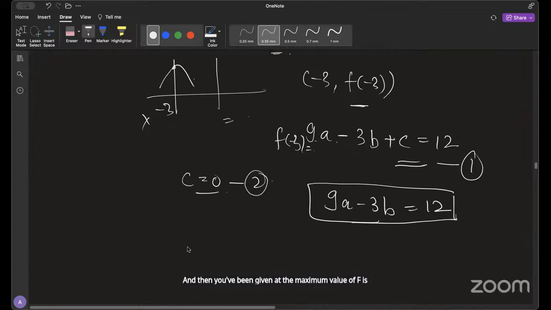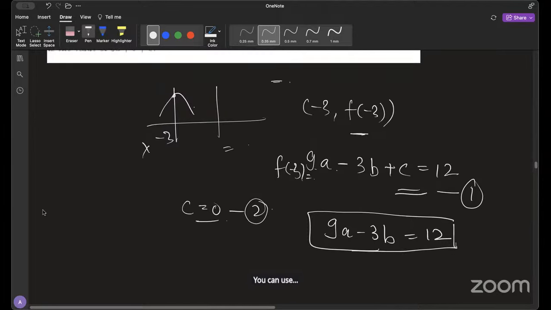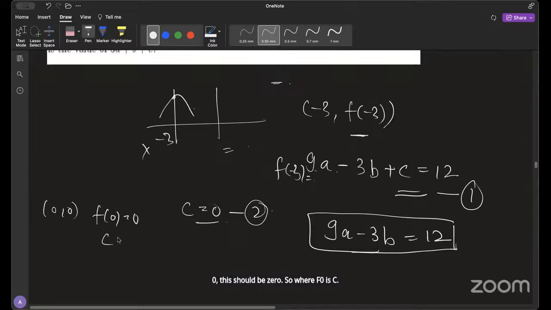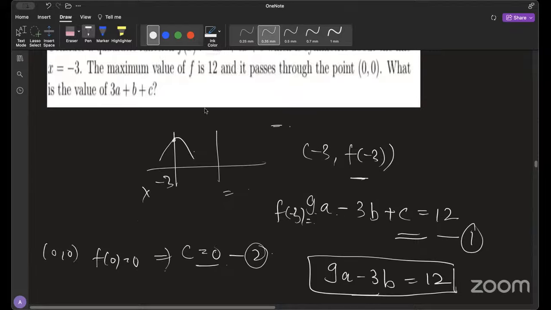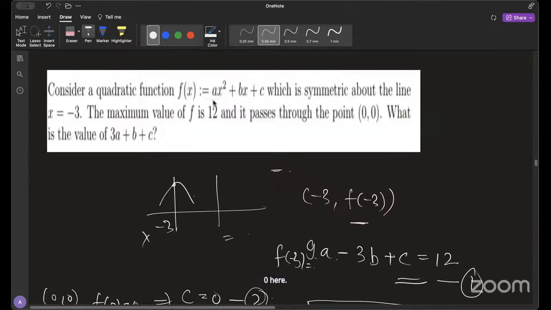So we have 9a minus 3b, where c is already 0, and this is given to you as 12. Someone asked how c came as 0. Using this, 0, 0 is a point on this parabola. That means if you put 0 in f, the resulting value should be 0. Your f of 0 is c, and this is 0. That means your c should be 0.